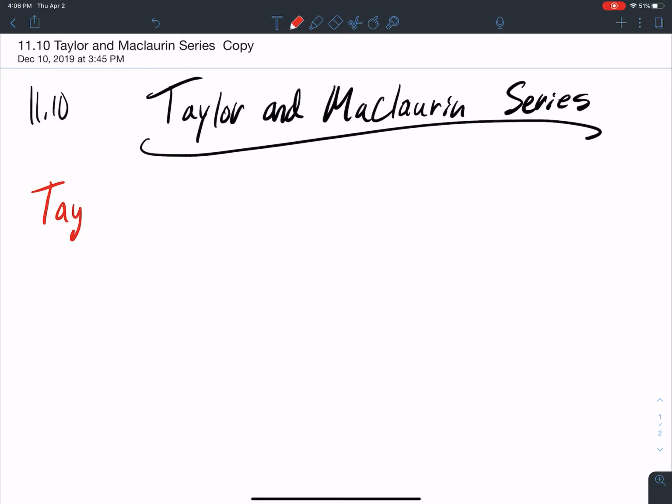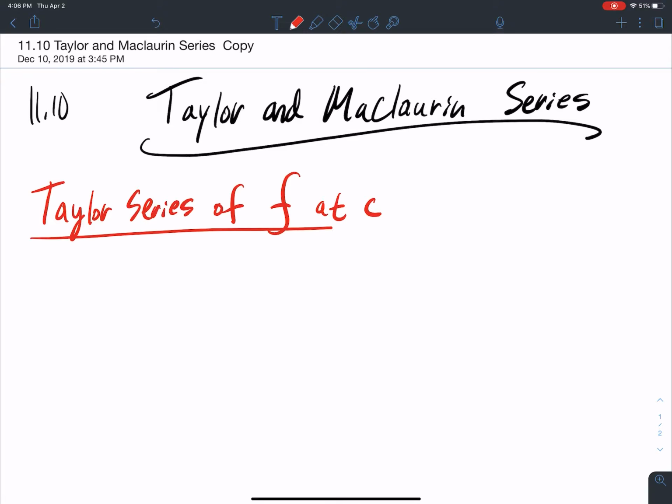So a Taylor series of f at c, okay? Sometimes they say centered at c. Okay, sometimes it says centered at c here. What is this?